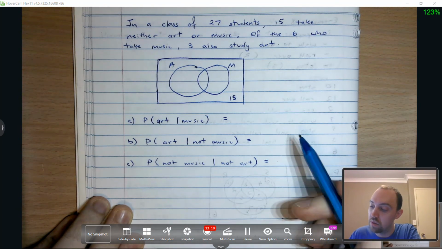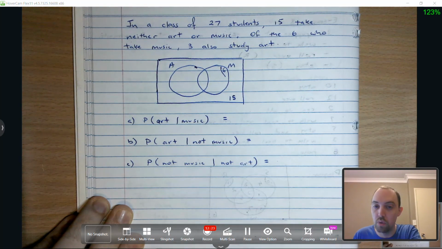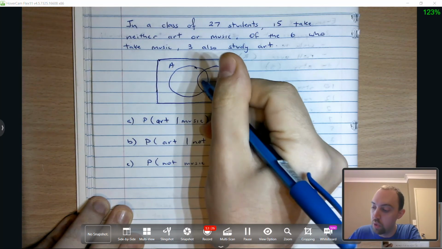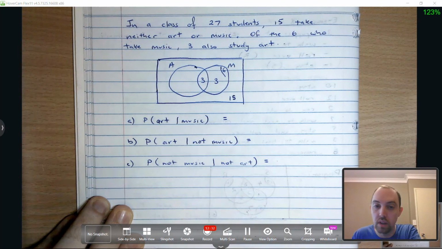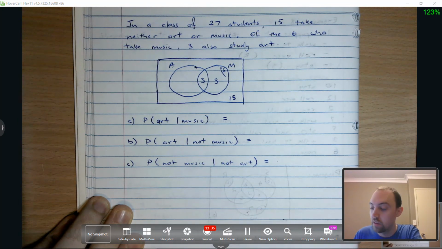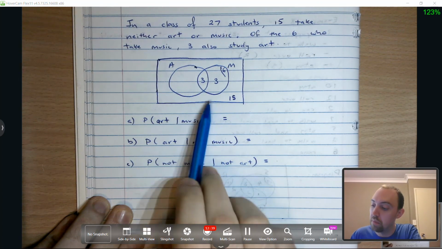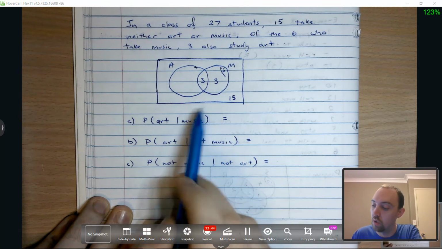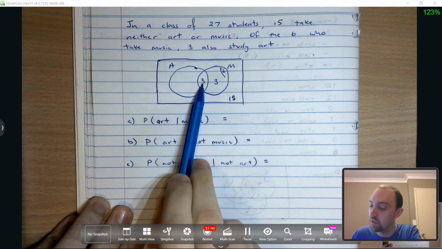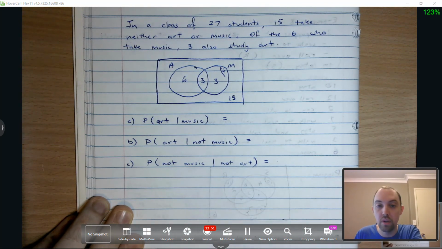Of the 6 who take music, so there are 6 people in total that take music, 3 also study art, which means that 3 only study music. And then, because we mentioned that the 12 is what should add up to the total, or you could go 15 plus 3 plus 3 is 21. 6 take art but not music.